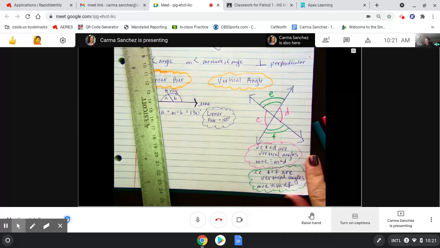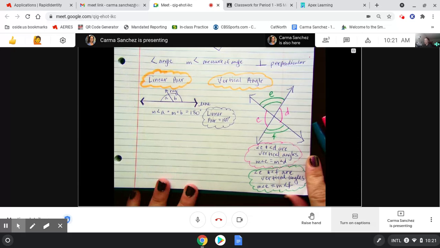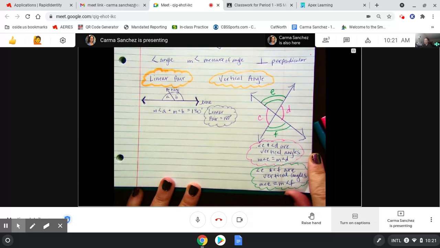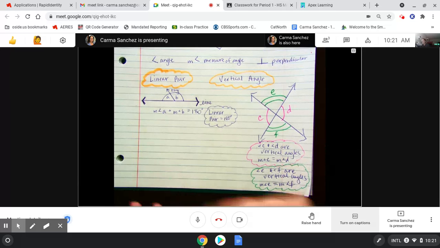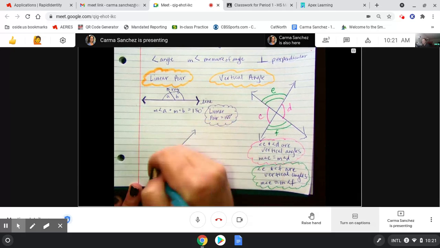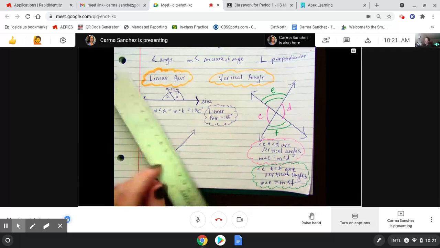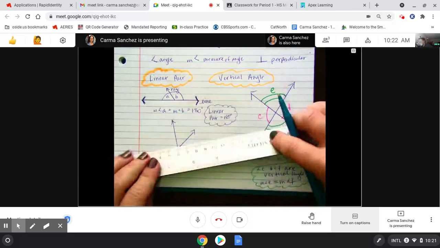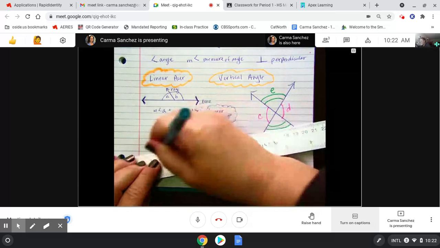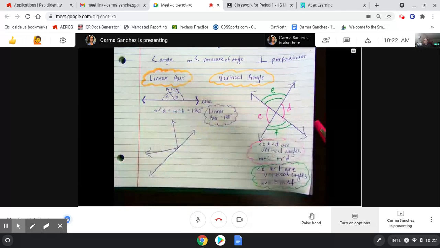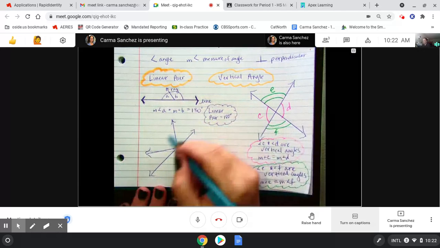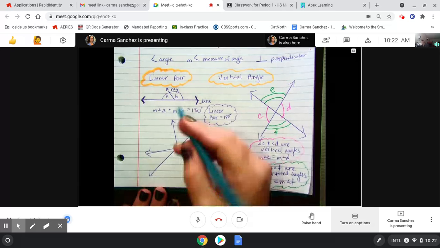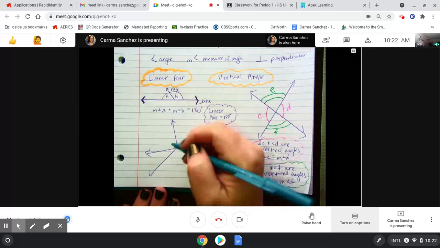Okay, now what also is going to come up that's not taught in the study guide, but every once in a while there is some line and it has more than one ray coming out of it. And in the study guide, they only talk about linear pair, but then in the checkup, they do some examples with three angles. So for example, this one here might be 30 degrees.